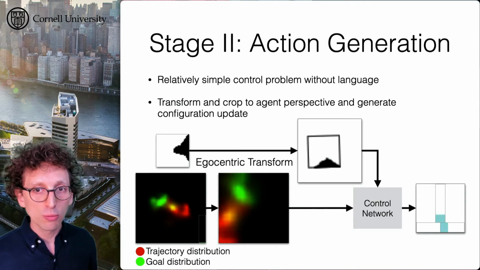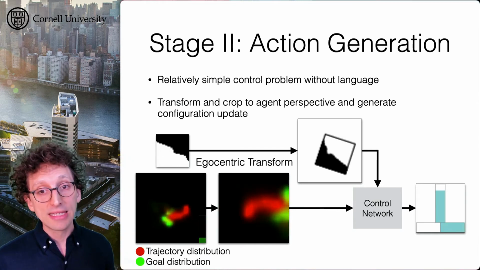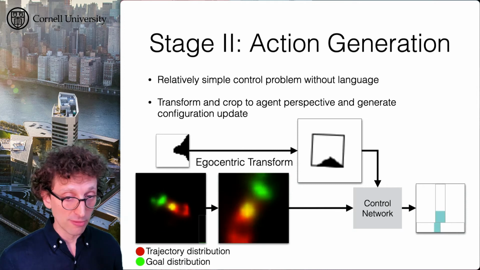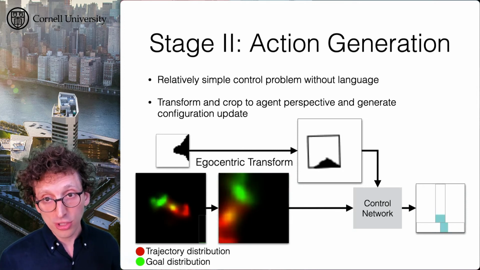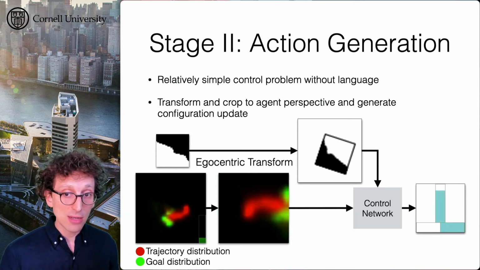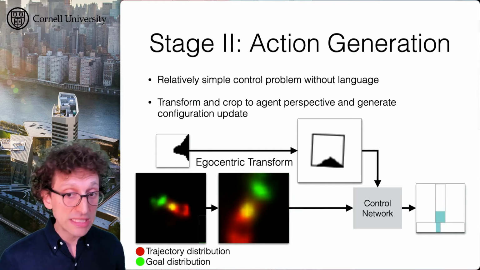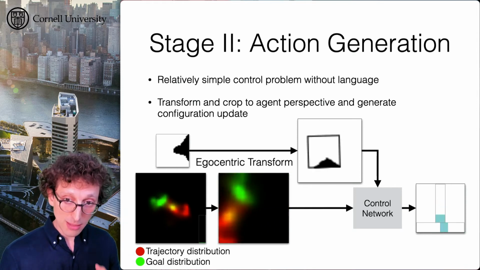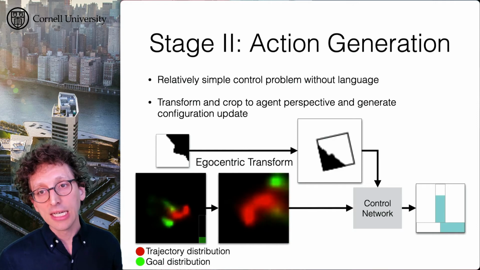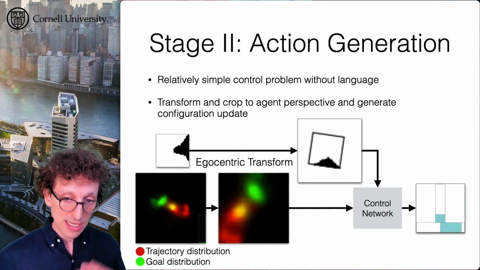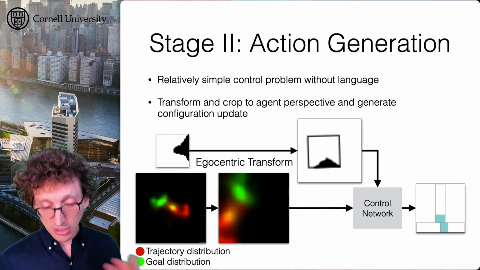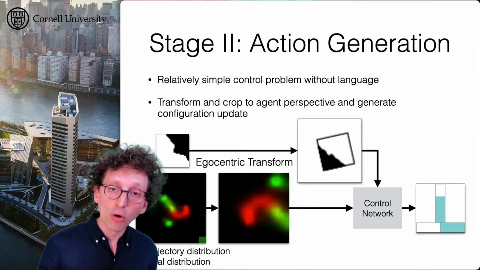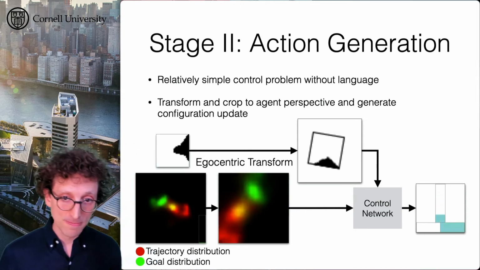So what we do is we transform and crop the observability mask and the visitation distributions, and then use a very simple control network that includes a number of CNNs and an MLP in order to output a configuration update, so two real numbers, or take the stop action.